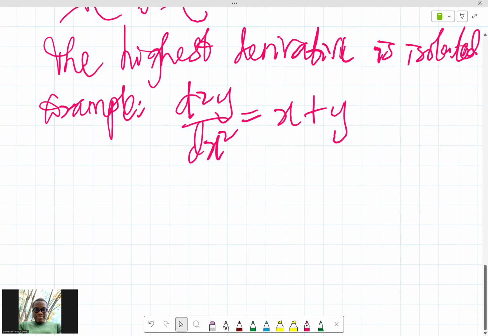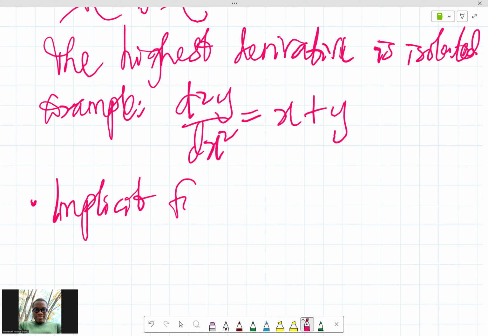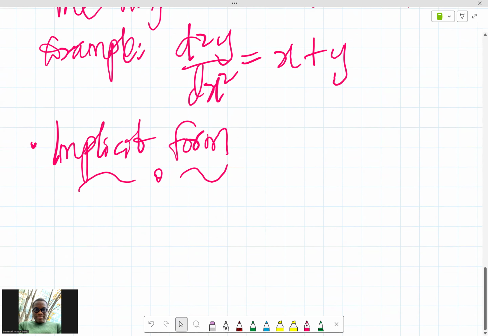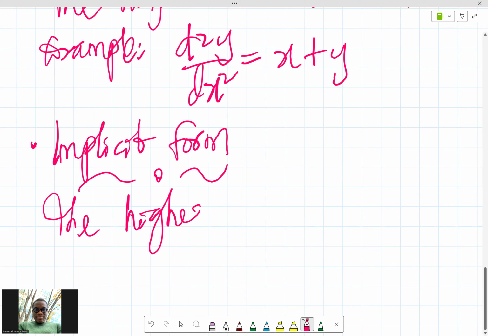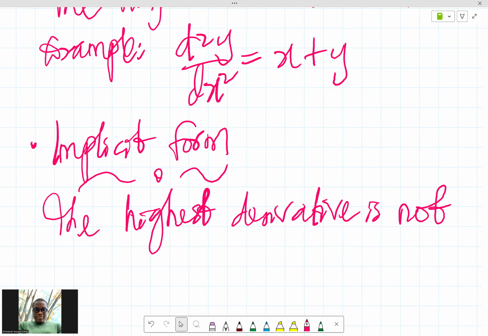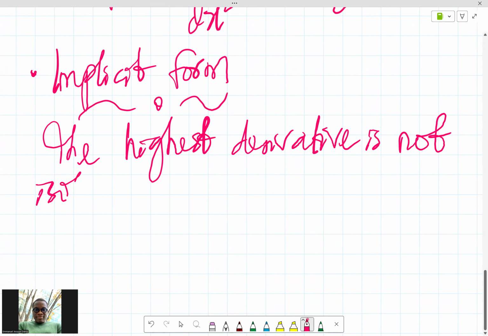And we can also talk about the implicit form. For the implicit form, the highest derivative is not isolated from the rest.